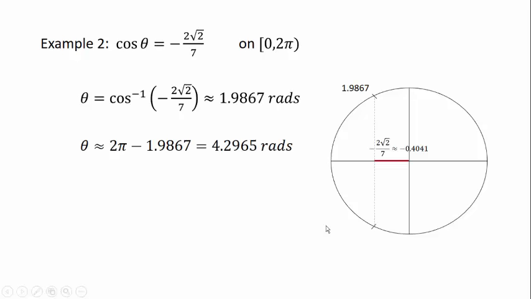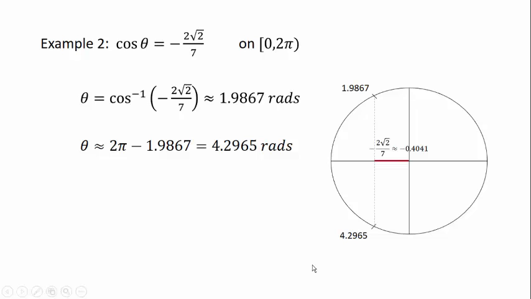Just like I did before, if I take that negative radian measure and add 2 pi, so that I can get it between 0 and 2 pi, I end up with 4.2965. That would be the radian measure of this arc length or angle.